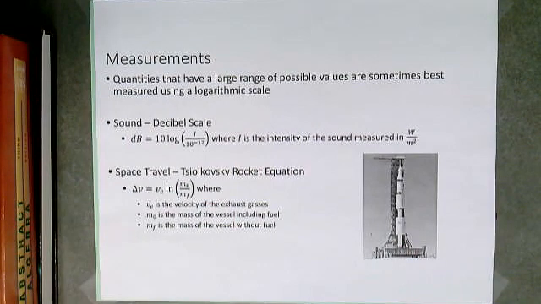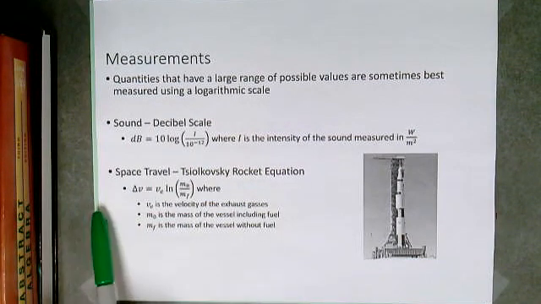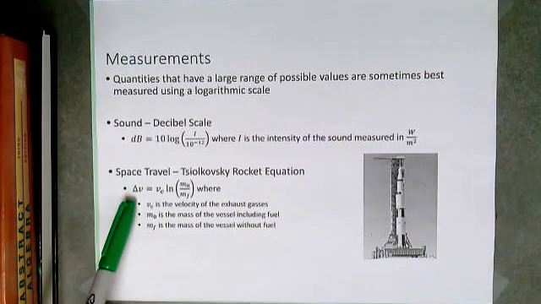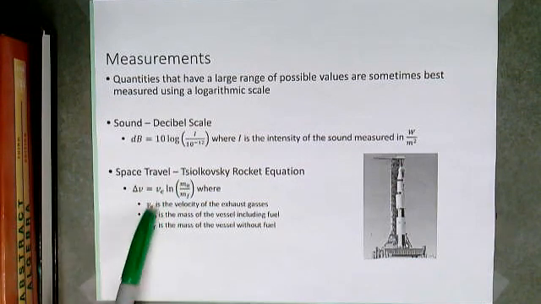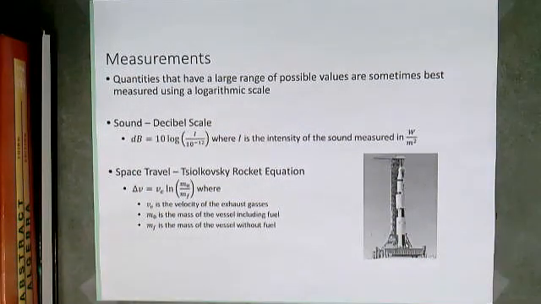Another good example for measurements is space travel, and the rocket equation. Delta V is equal to V sub E times natural log of m naught over m sub f, where V sub E is the velocity, m naught is the mass of the vessel, and m sub f is the vessel without fuel. All this is just for fun, really, and just showing you how useful these actually are.